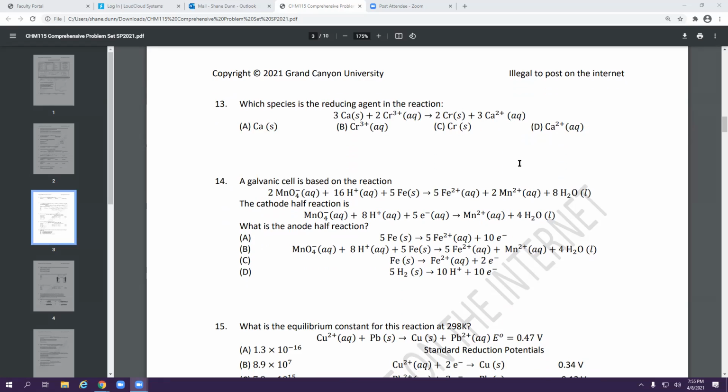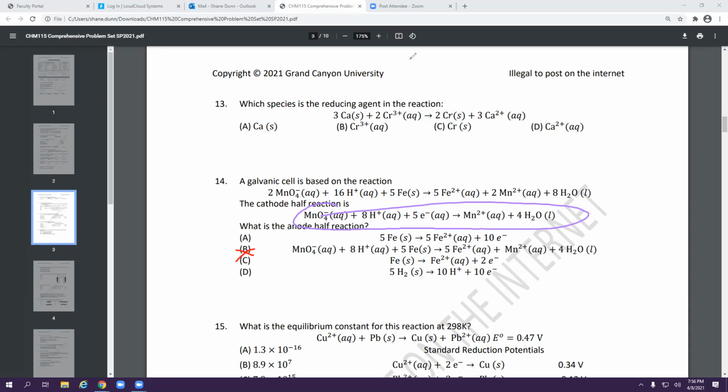I already have half of my reaction, right? So I just take out the half I don't want, and I should have the anode half. Does that make sense? So should the anode have anything to do with magnesium oxide? So B is wrong, because it has that in there, right?